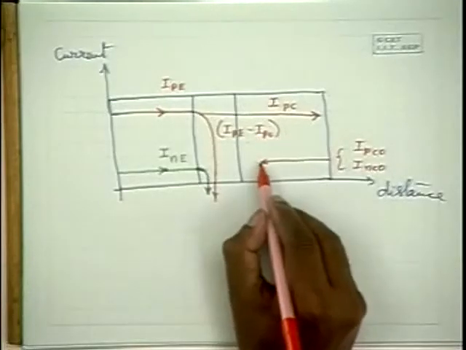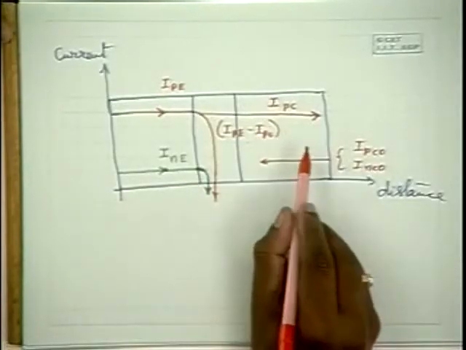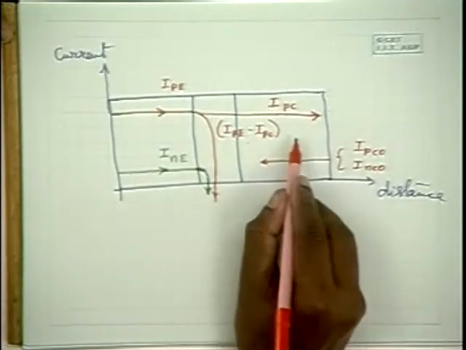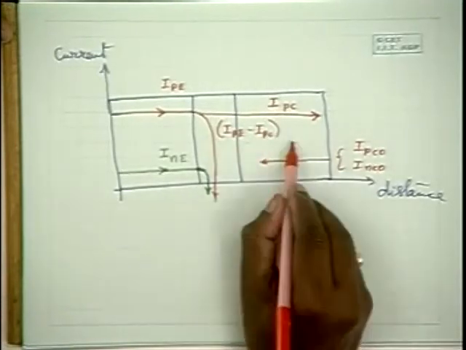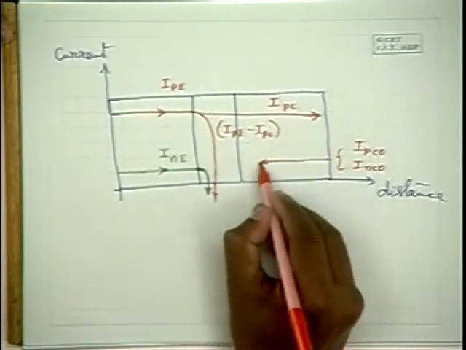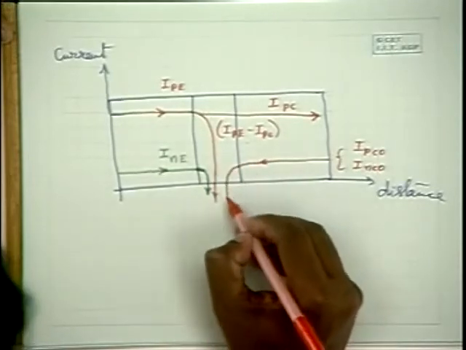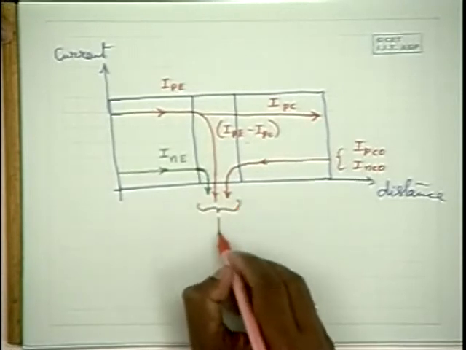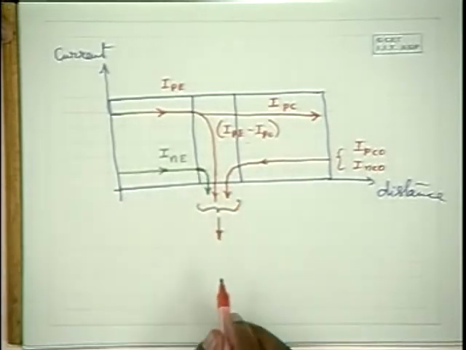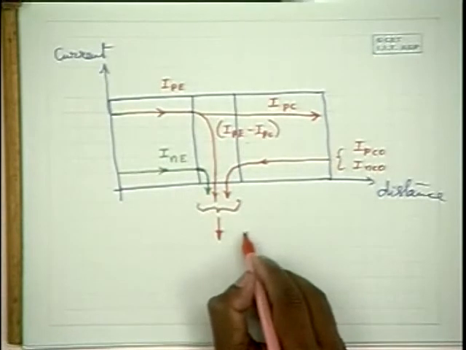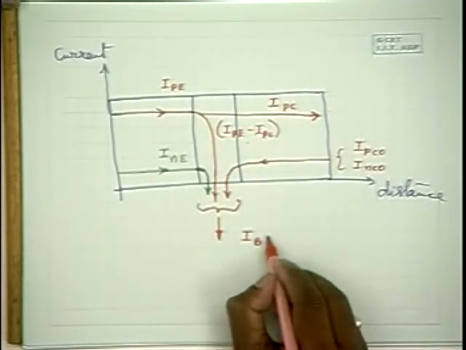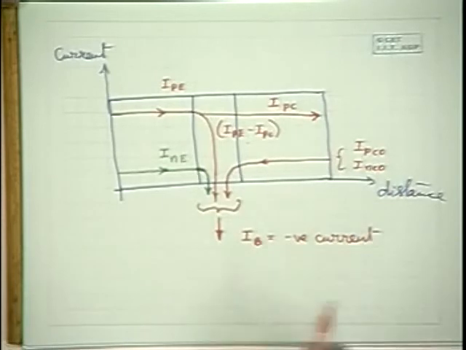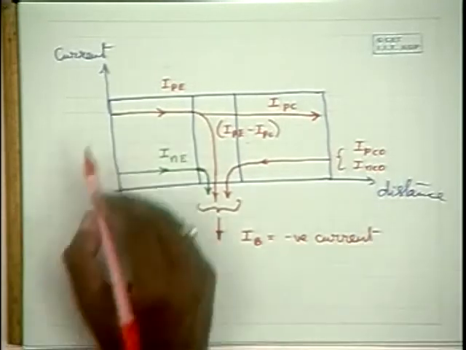This current naturally is between the reverse biased collector junction, the collector to the P side here and then the N side over here. So this current also flows in this direction. Hence, this whole thing amounts to some current flowing in this direction. So we expect IB to be some negative current.